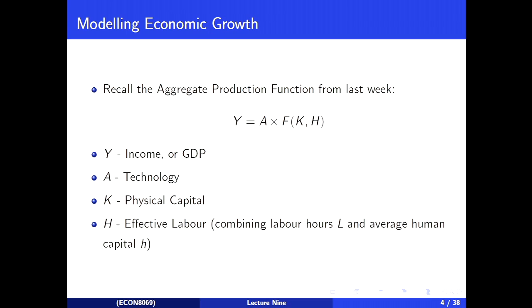We could do the same thing with H. We don't typically, but you can. So you can talk about effective labour, right? If we fix K and A, we get the same thing, because we get A naught, K naught to the third.